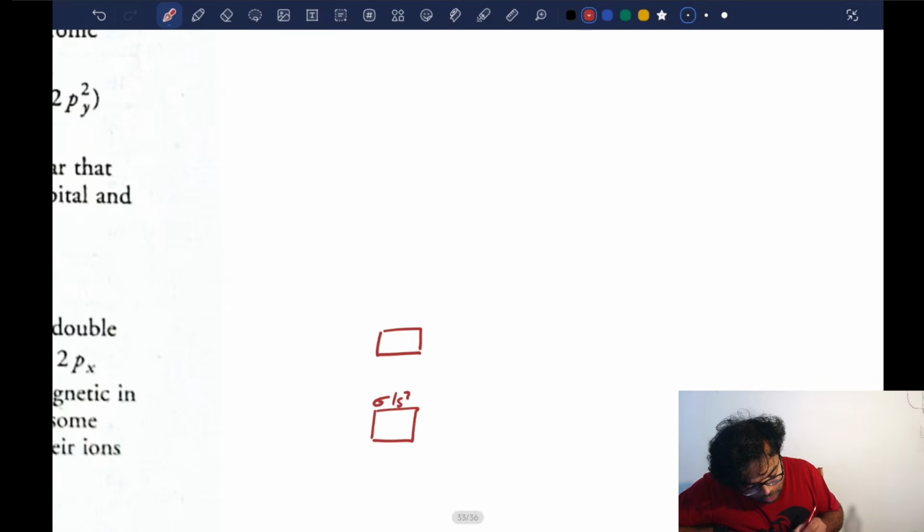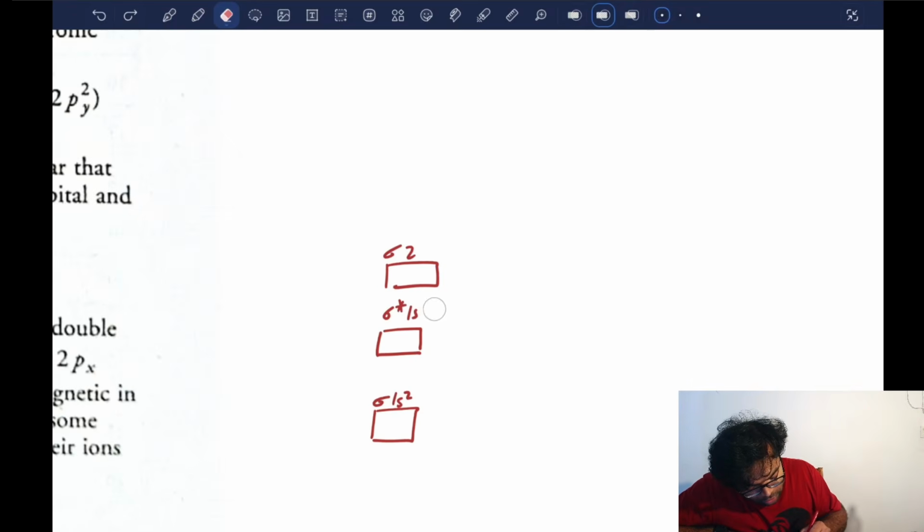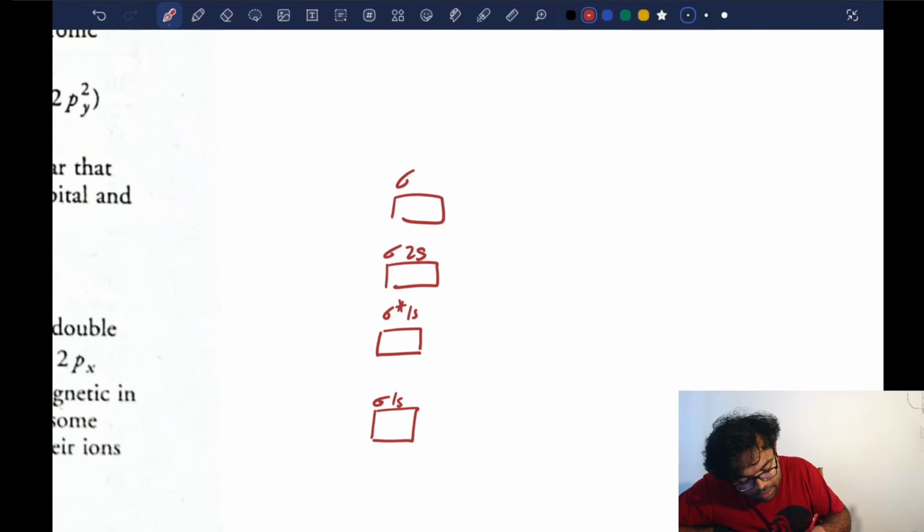Sorry, you should only write sigma 1s and sigma star 1s, not the 2 here. Then sigma 2s, sigma star 2s.